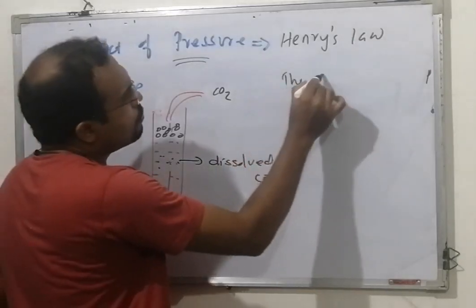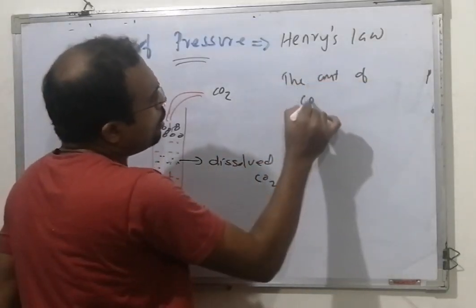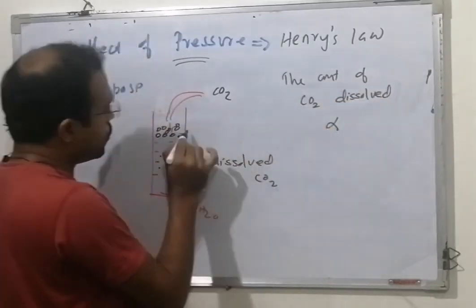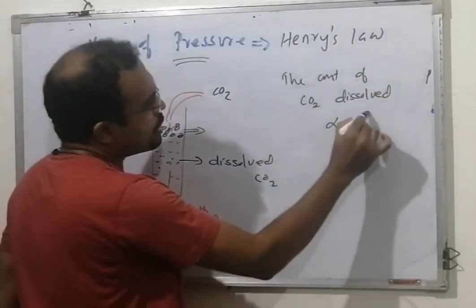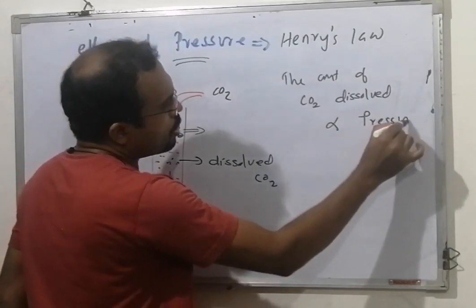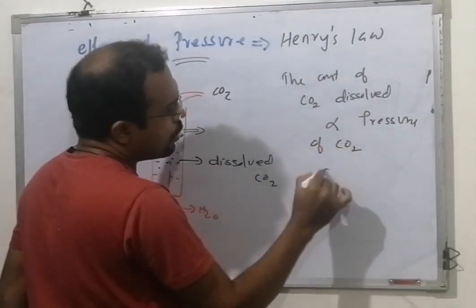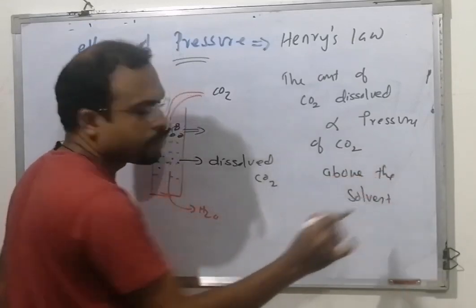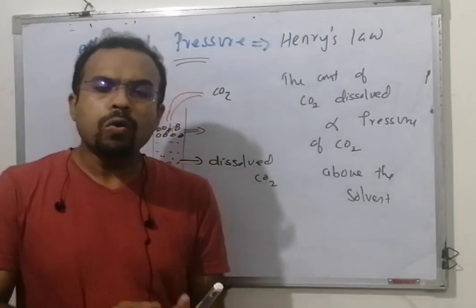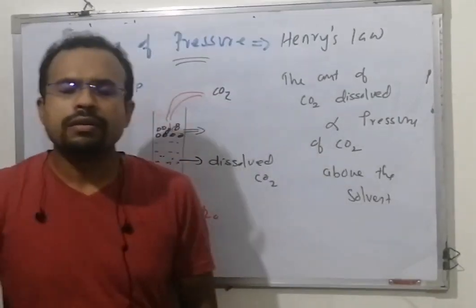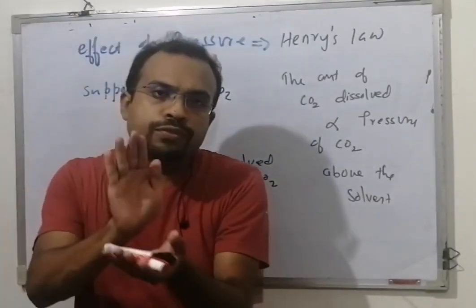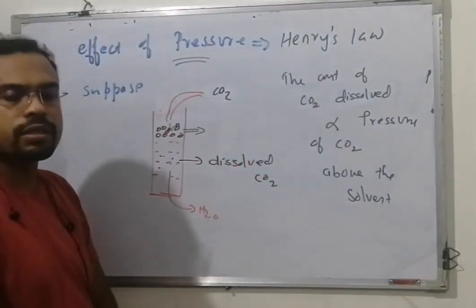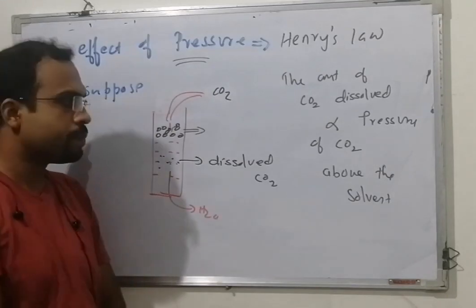The amount of carbon dioxide dissolved is directly proportional to pressure of carbon dioxide above the solvent. How much pressure, how forcefully you are applying the carbon dioxide to the surface of the solvent, that much gas will be dissolved.